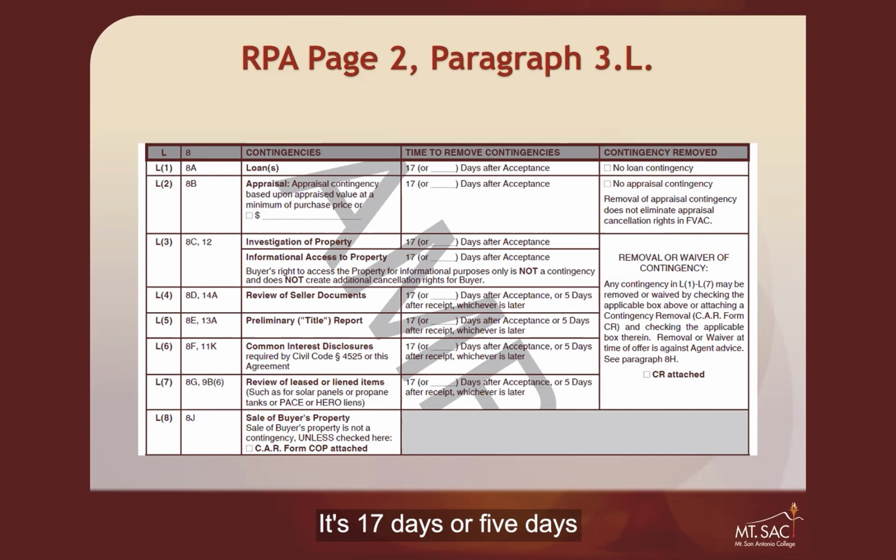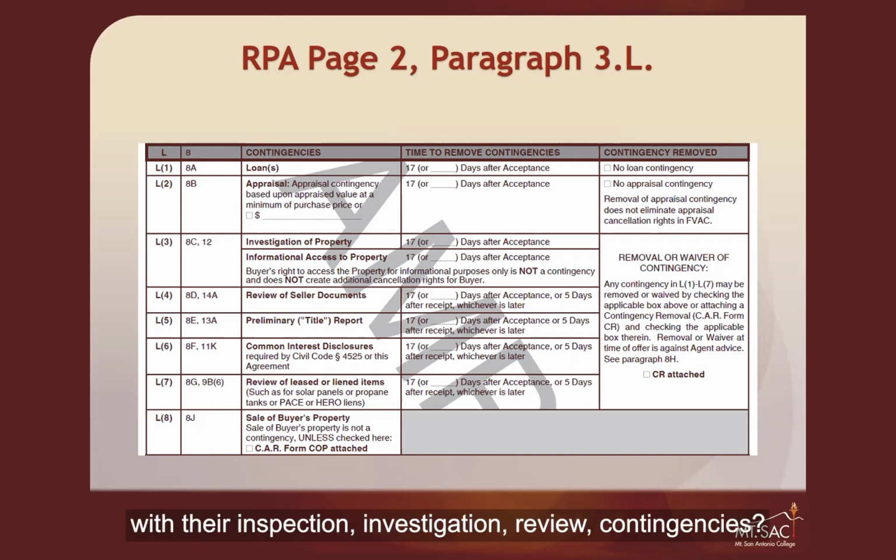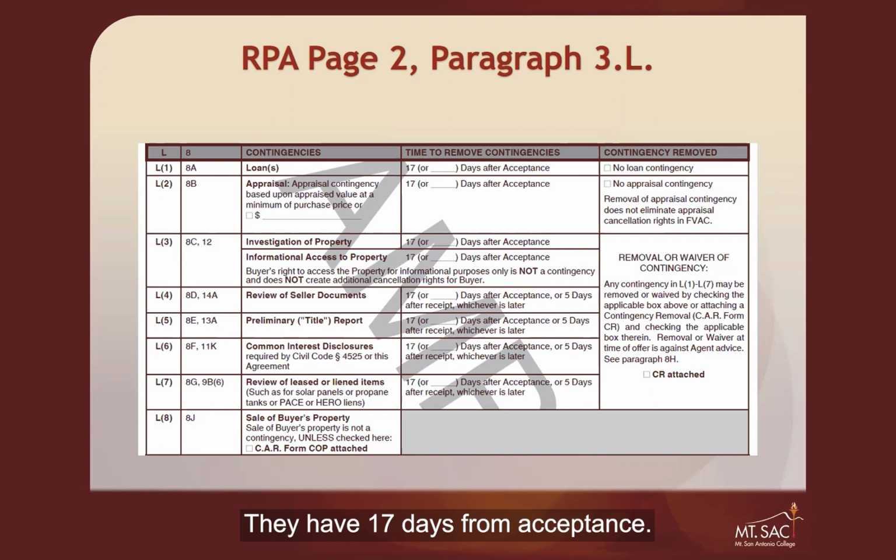It's 17 days or 5 days after receipt, whichever is later. So this is actually in the current version of the contract, but it's not worded quite as clear. So how long does the buyer have with their inspection, investigation, review contingencies? They have 17 days from acceptance.